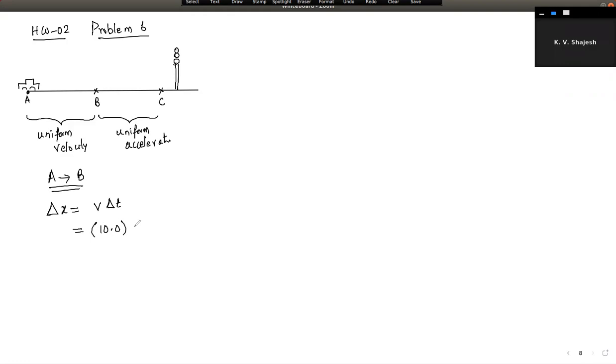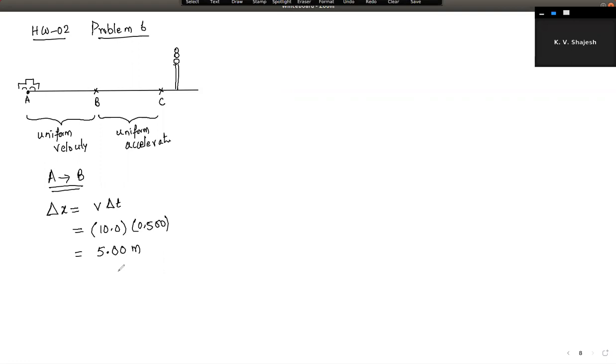It is 0.5 seconds. That's the time for which the brakes are not yet hit, and so it's going with the uniform velocity. So that's 10 over 2, so that's 5 meters, but that's 3 sig digits, so it's 5.00 meters.